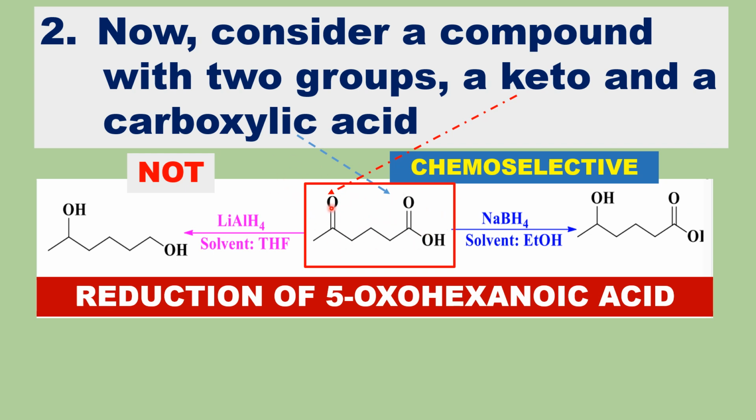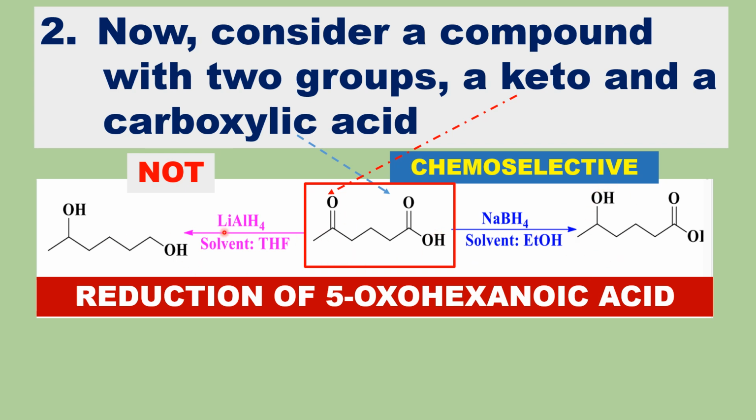Now with sodium borohydride in the presence of the solvent ethanol, as you see, only the ketone group is reduced to CHOH. In this reaction with sodium borohydride, only the keto group is reduced.